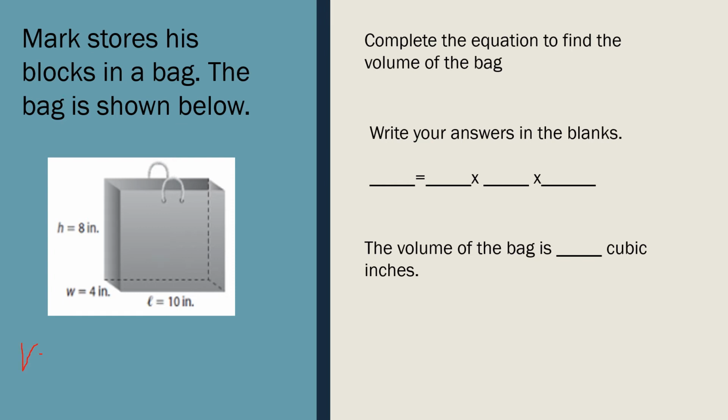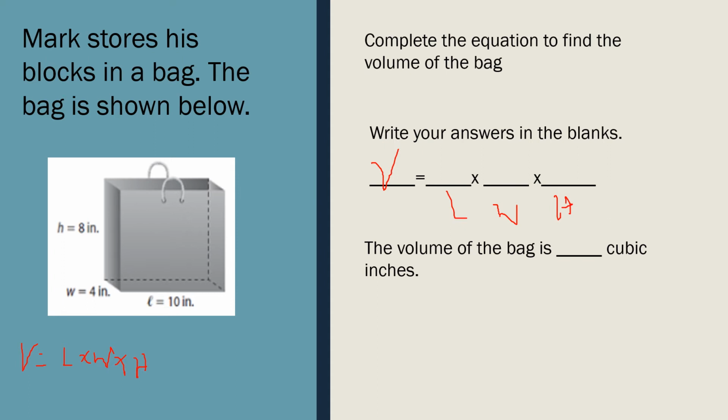Our formula for volume equals length times width times height. Okay, so now let's go up here. It says complete the equation to find the volume of the bag. Write your answers in the blanks. So right now we know we're looking for volume, and volume equals length times width times height.